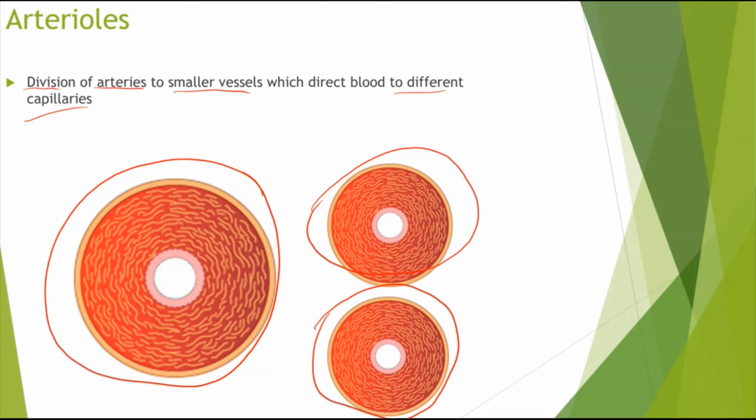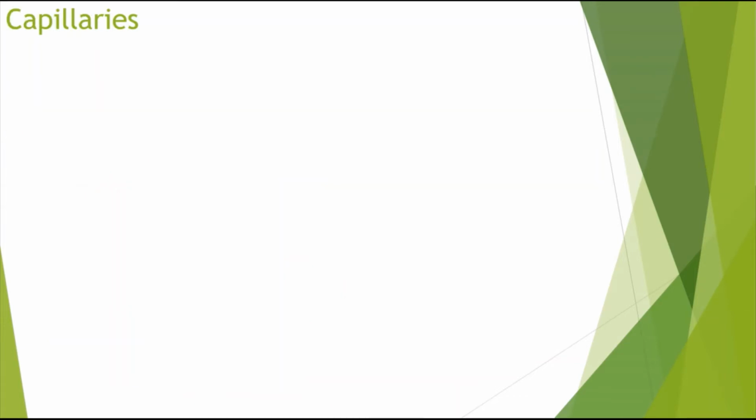They're just smaller, and they direct the blood to different capillaries. They're thinner than the artery, and they have lower blood pressure because they have smaller muscles and smaller elastic tissue.